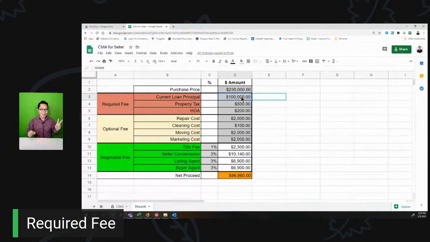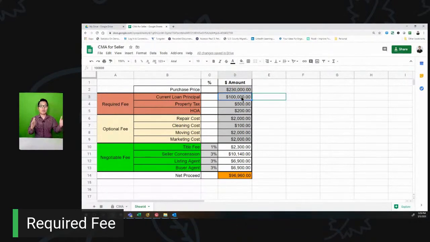And secondly is the property tax. Regardless of how much it is, you still have to pay for it. Actually, it is not that you're paying the county directly. However, the taxes from the 1st of January up until the date that you sell the house, those are the taxes you are responsible for.